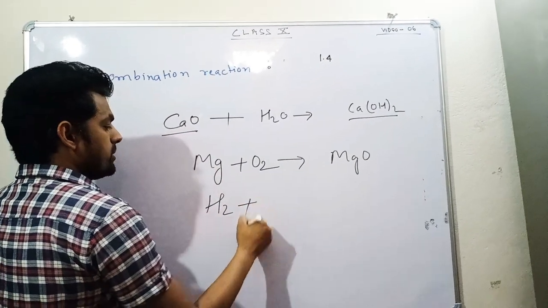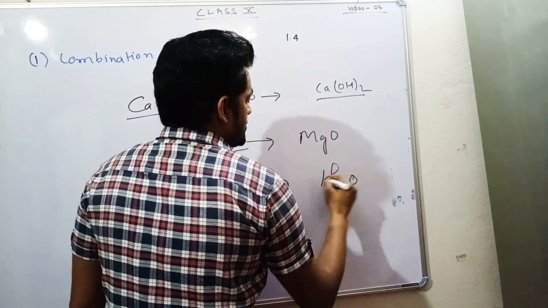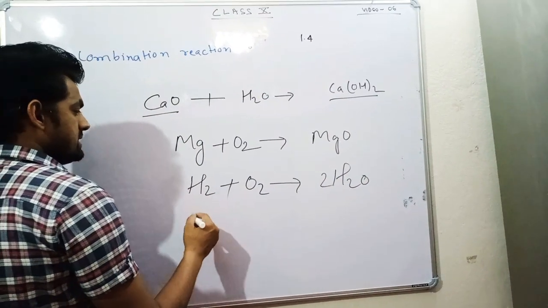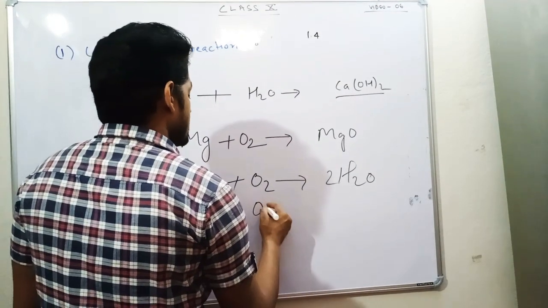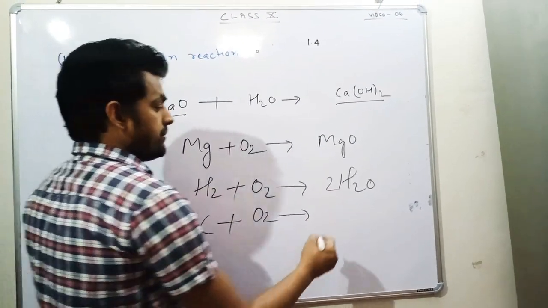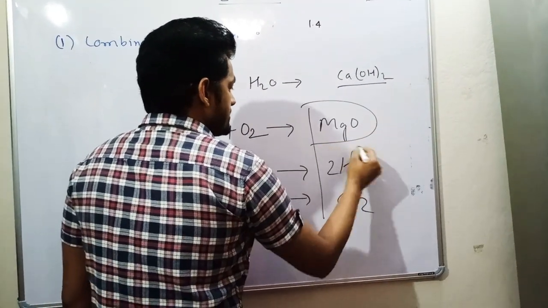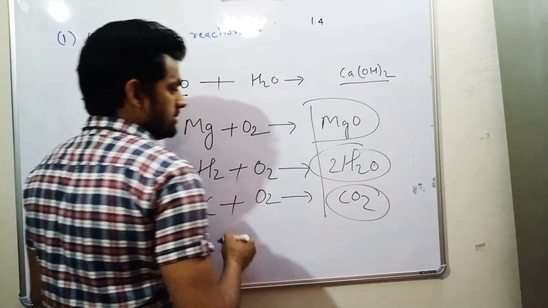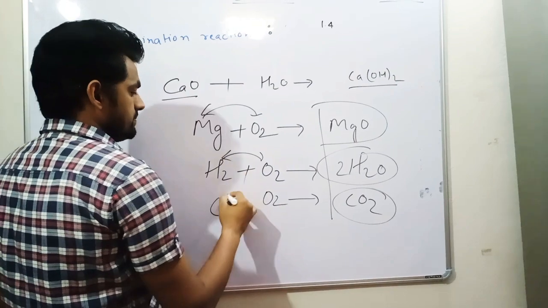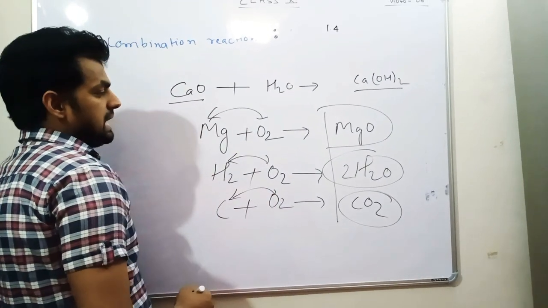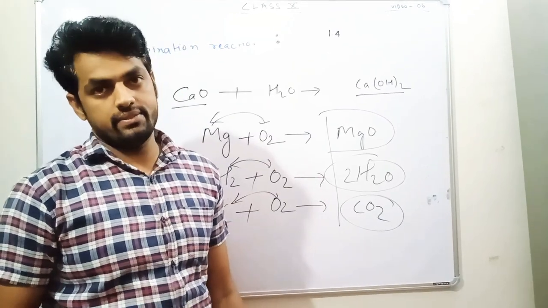Hydrogen in gaseous form and oxygen, also gaseous, combine with each other and form H2O. In the same way, carbon in the form of coal burns in the presence of oxygen and forms carbon dioxide. All these are single substances formed when 2 substances are combined with each other. This kind of reaction is known as combination reaction. Okay.